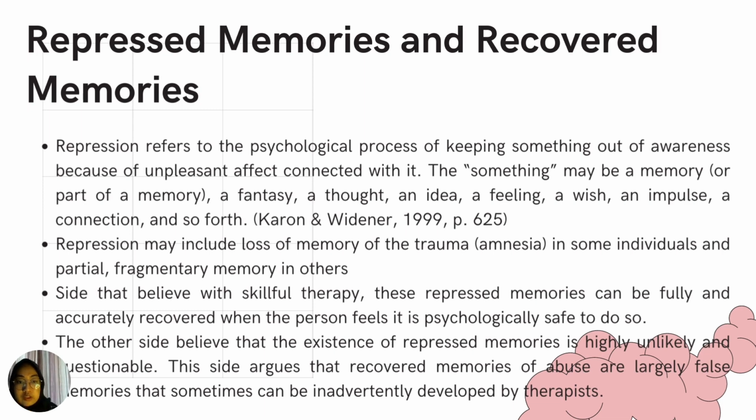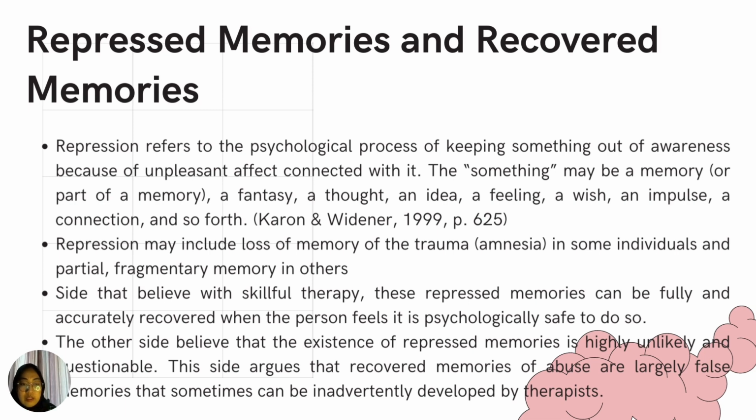Repression may include loss of memory of the trauma, for example amnesia in some individuals, and partial fragmentary memory in others. There is a side of psychologists that believe that with skillful therapy, these repressed memories can be fully and accurately recovered when the person feels it is psychologically safe to do so.